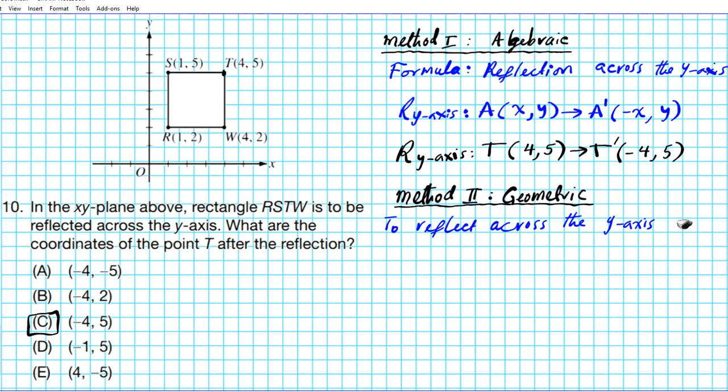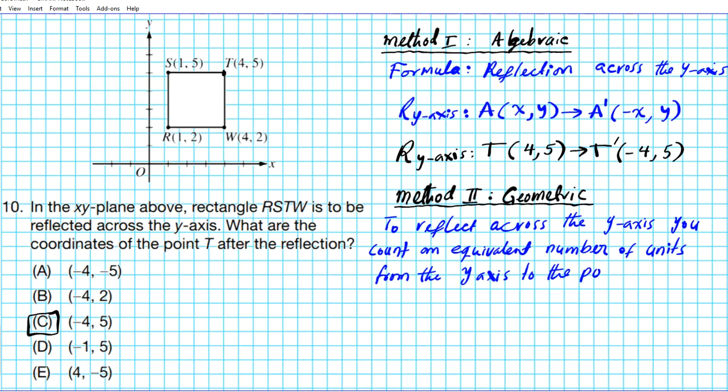Okay, so you count an equivalent number of units from the y-axis to the point in the opposite direction.